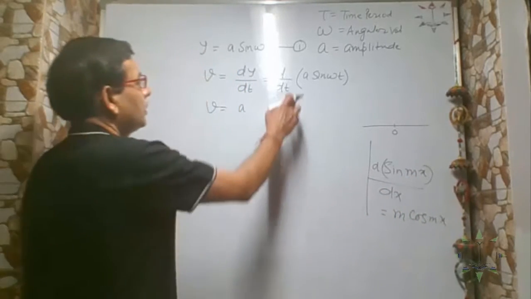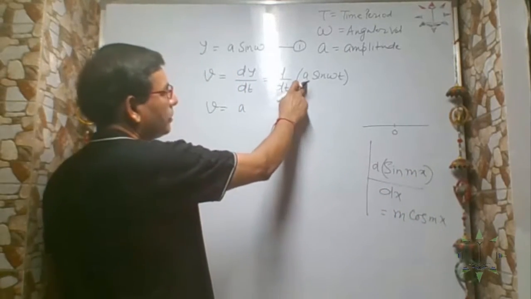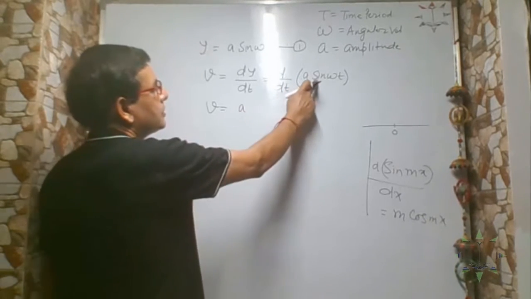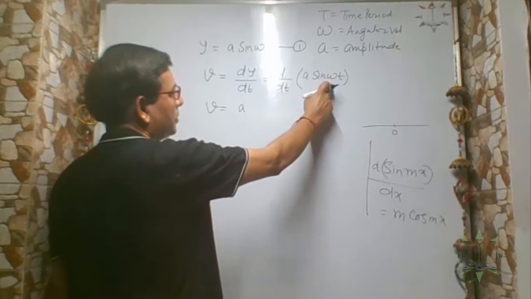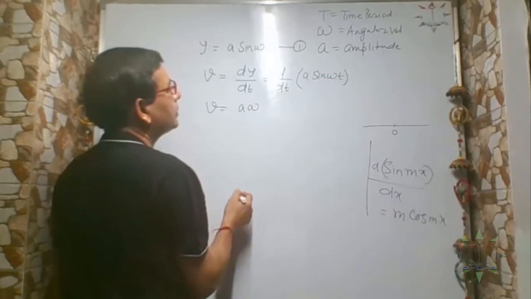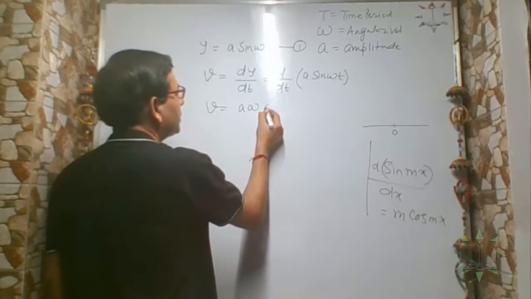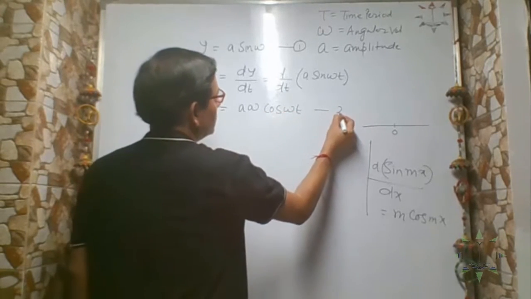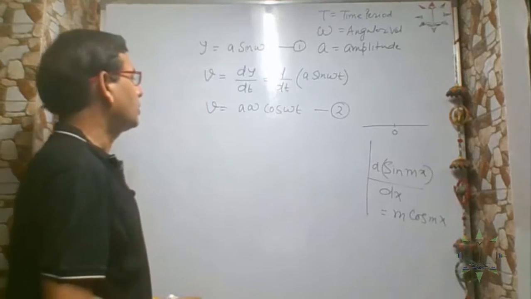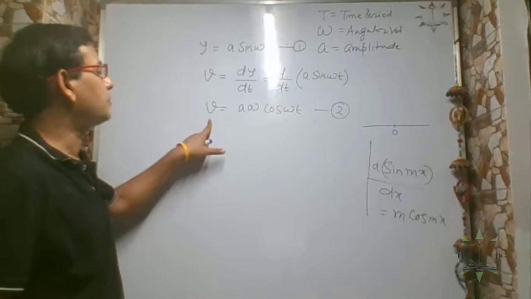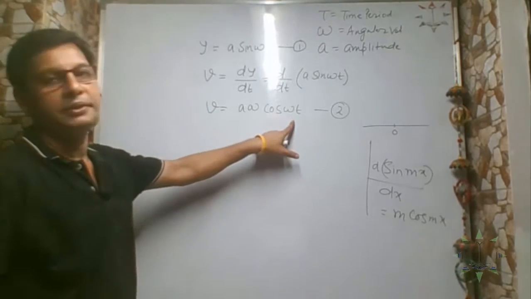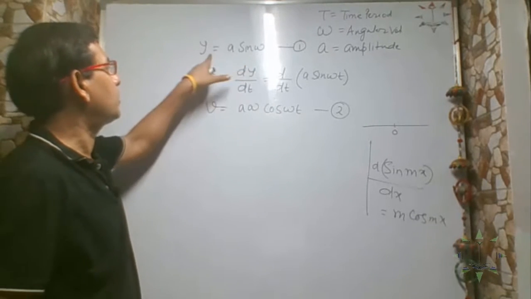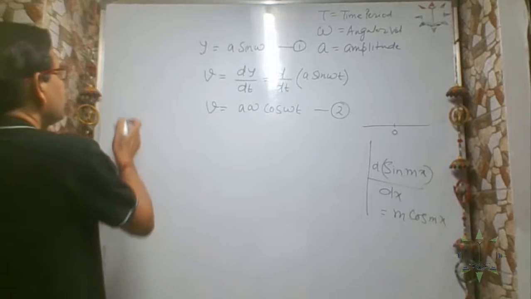Here a is a constant term, so I have taken it out. The differentiation of sin omega t is omega, and sin is converted to cos. So this is equation number 2, v equal to a omega cos omega t. It gives the velocity of the particle at time t.